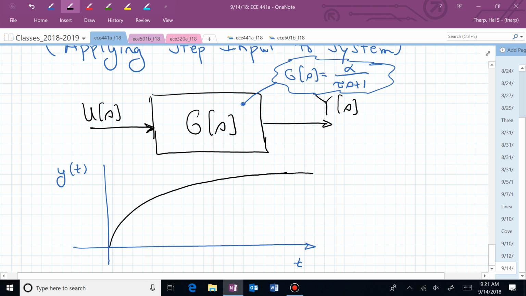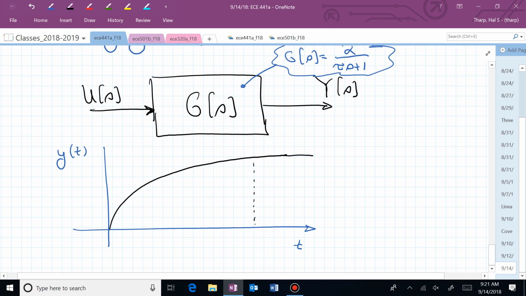Now we might try to find at what time we get within 1% of where we finally reach. And maybe we call this y final value, and maybe we'll even give it another variable descriptor, a sub 1.